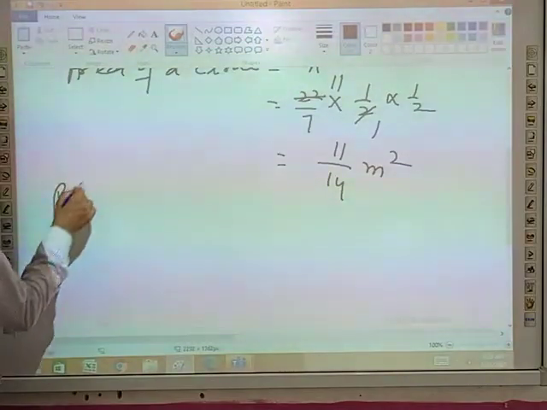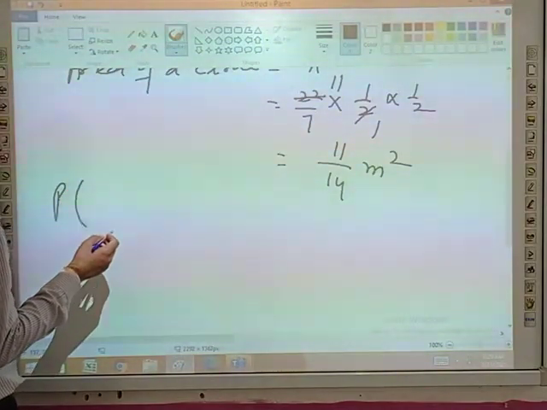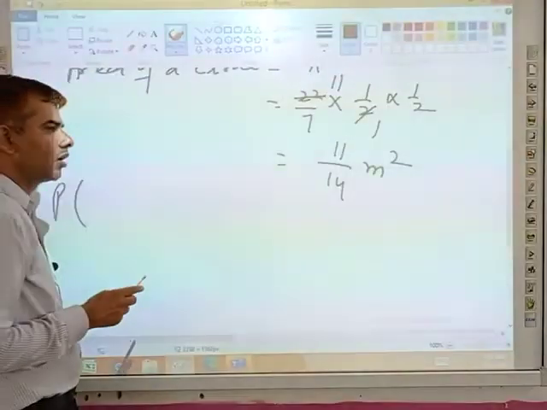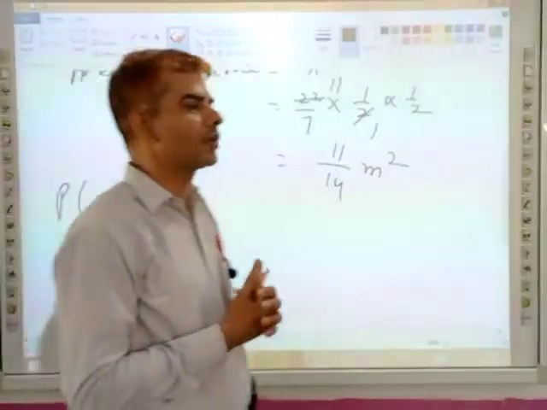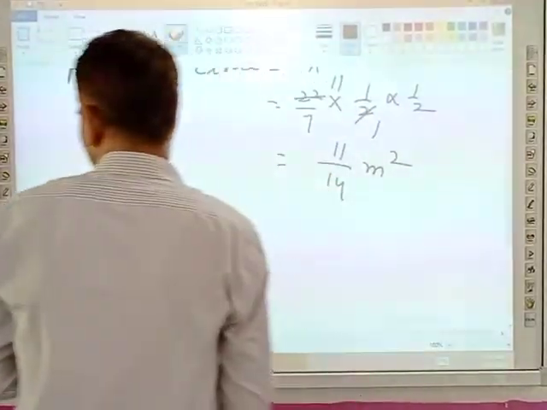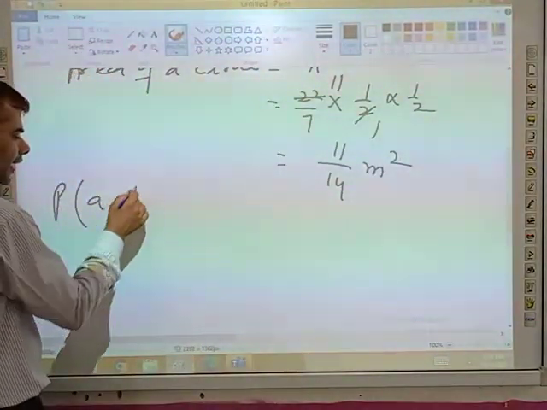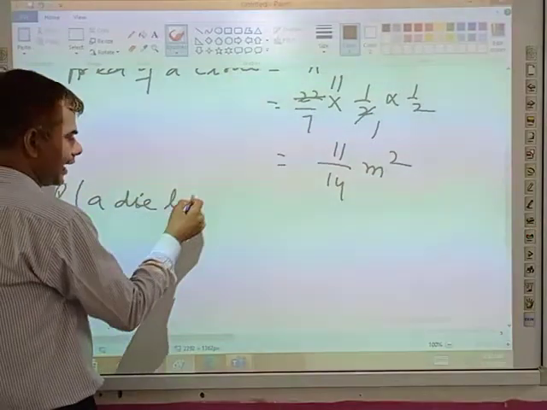It is the area of the circle by the area of the rectangular region.